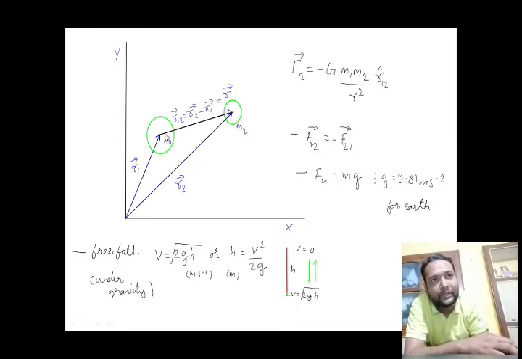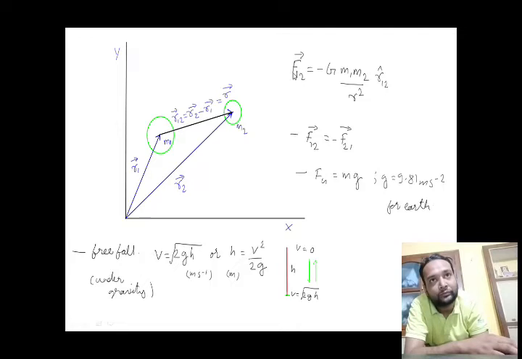Now r1 represents the position vector of mass m1 and r2 represents the position vector of mass m2. Now this r12 is the relative position vector, the relative position of 2 with respect to 1, which is also represented by r, the radial vector, which starts from the center of m1 and ends at the center of m2.